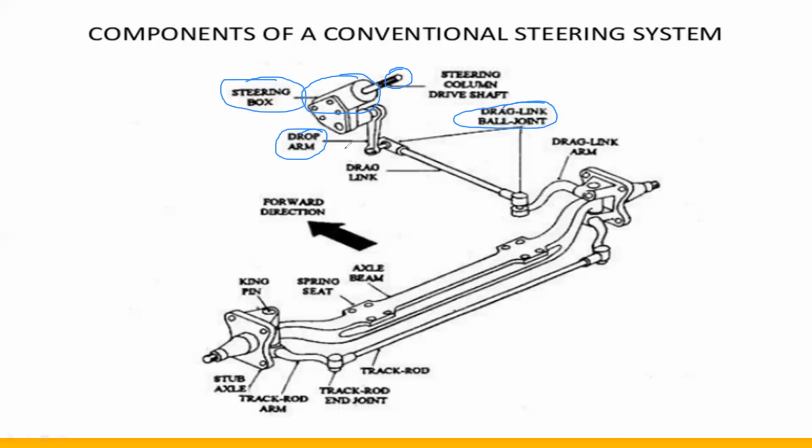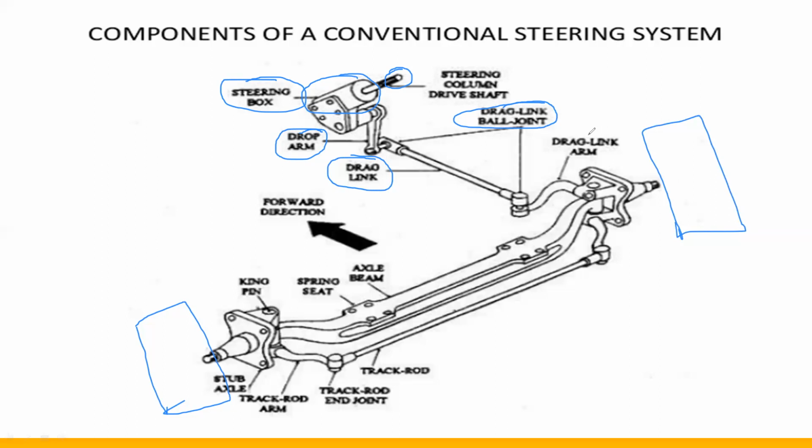The drop arm is connected with the drag link ball joints of the drag link. The drag link is the main thing. It converts the rotary motion into a sliding motion of the automobile wheels. It is one wheel, and this is another wheel of the automobile vehicle.